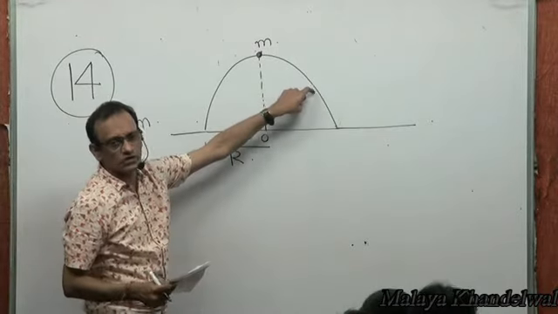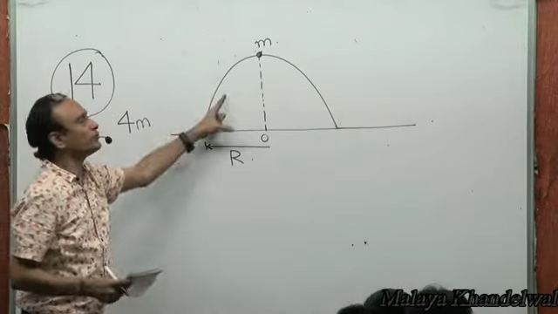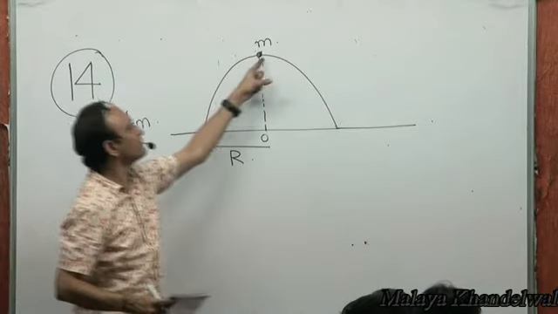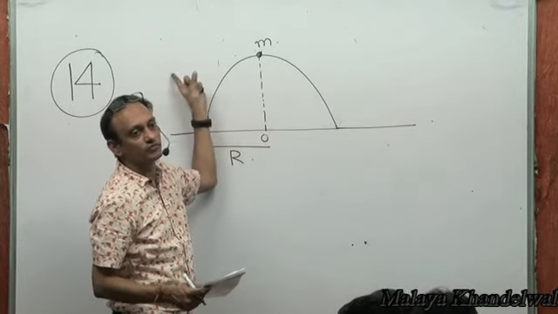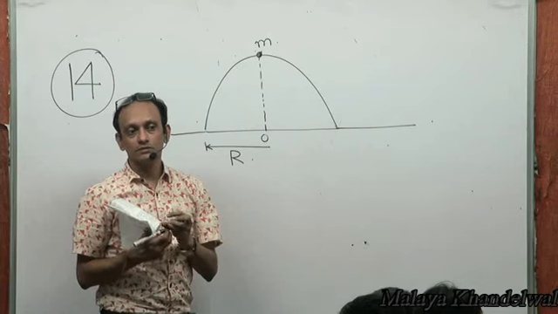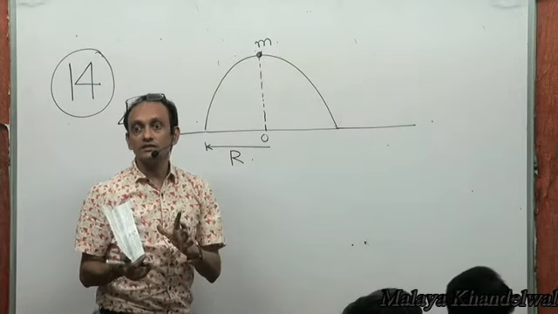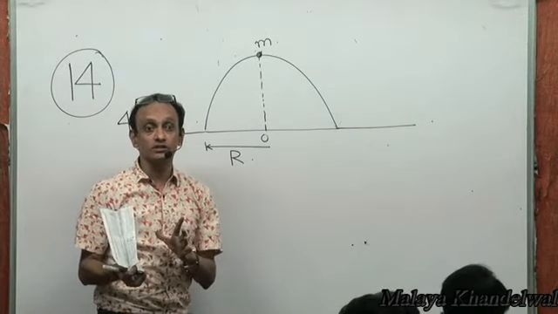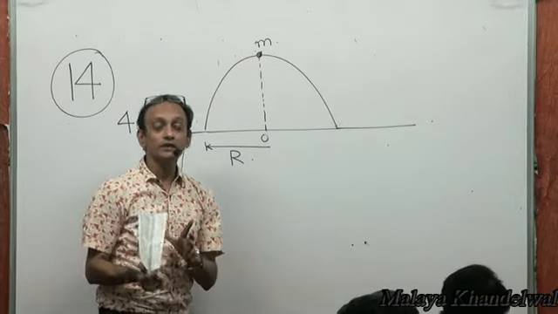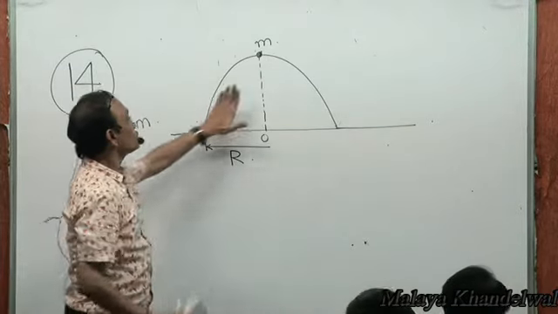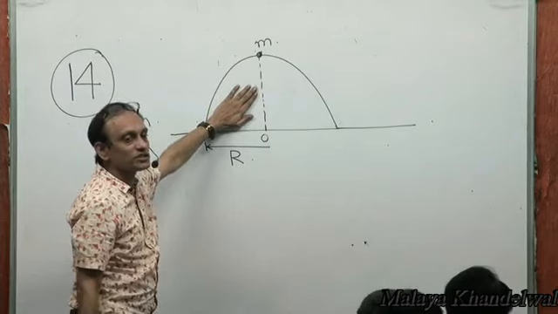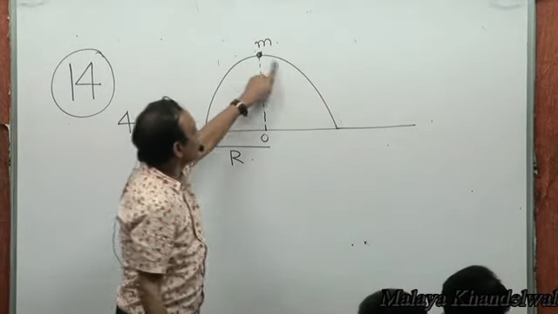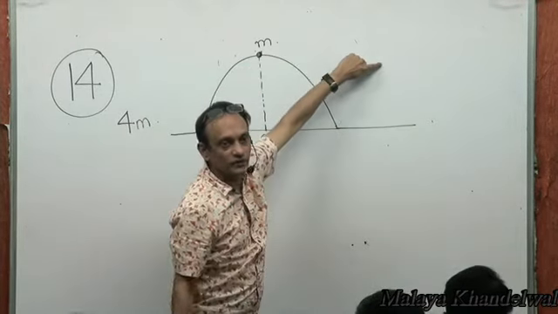Hey, when this mass falls down, why would the hemisphere move leftwards? Yes, the x coordinate of the center of mass should remain preserved, right? Or what you can say is the total horizontal linear momentum of the system is 0. When this moves, the mass develops a rightward velocity.